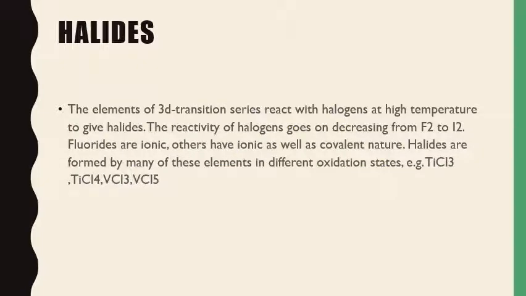So the next binary compound is the halides. The 3d transition series react with the halogens at high temperature to form the halides. The reactivity of the halogens goes on decreasing from fluorine to iodine, as the reactivity decreases down the group. The fluorides are ionic.